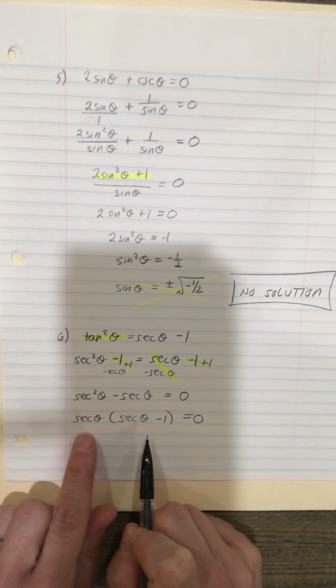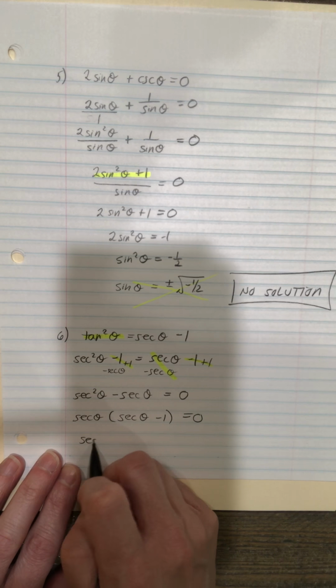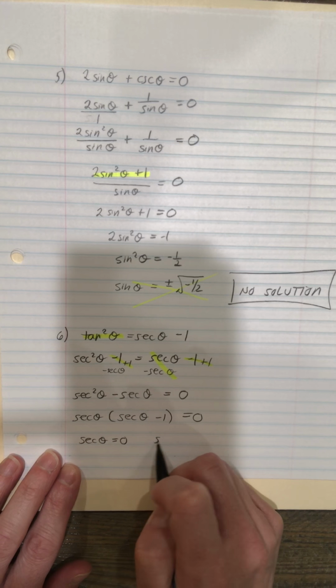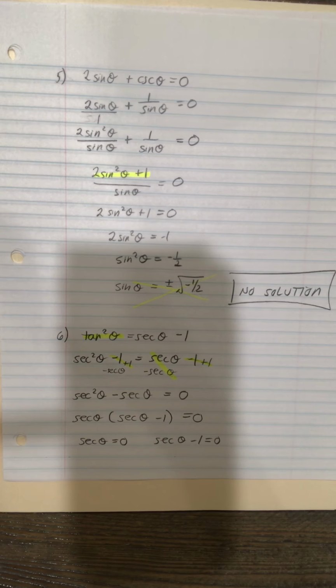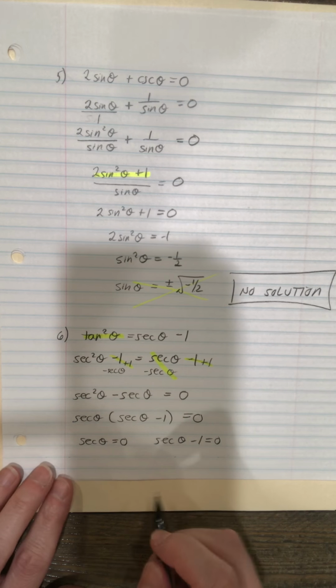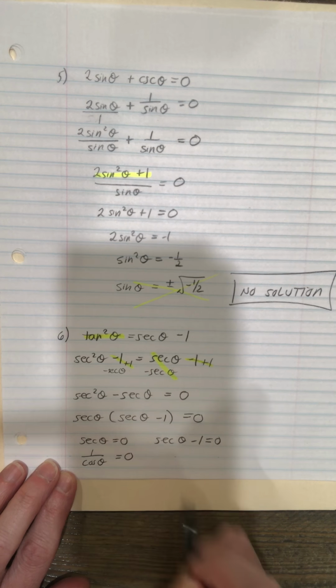So now you have two things that we're multiplying together, we're finding the product of, and the product is equivalent to 0. So you can set both of them equal to 0 and solve. Now remember, secant is equivalent to the reciprocal of cosine. So this is the same as saying 1 over cosine theta is equivalent to 0.